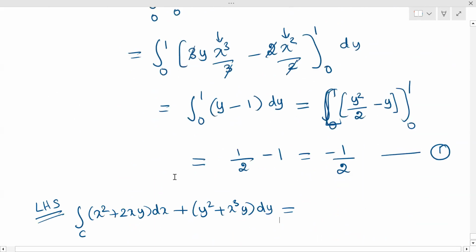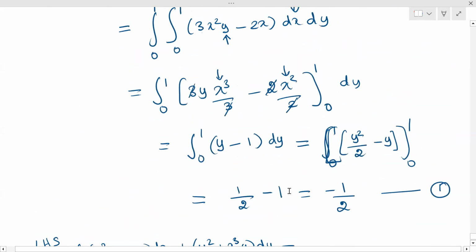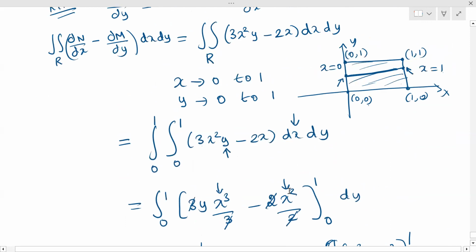so what is the region they have given? They have given the region is nothing but the square. Okay. Here how many lines are there? Here totally we are having 4 lines. C1, we have to go in the counterclockwise. C1, C2, C3 and C4. So totally we are having 4 lines.